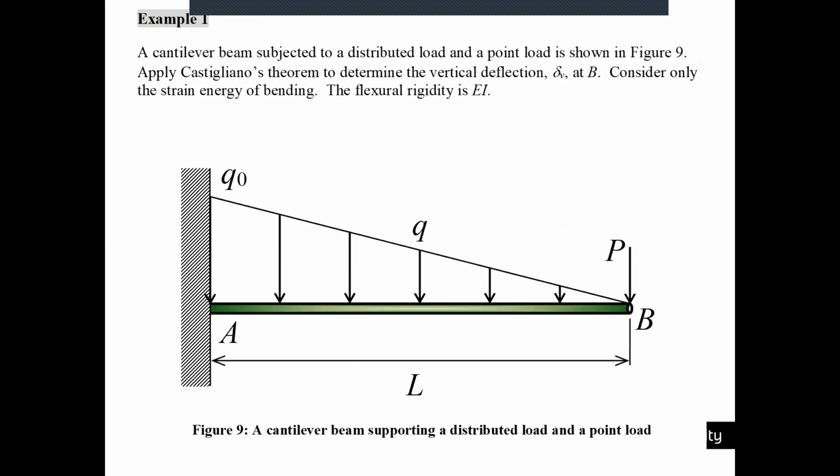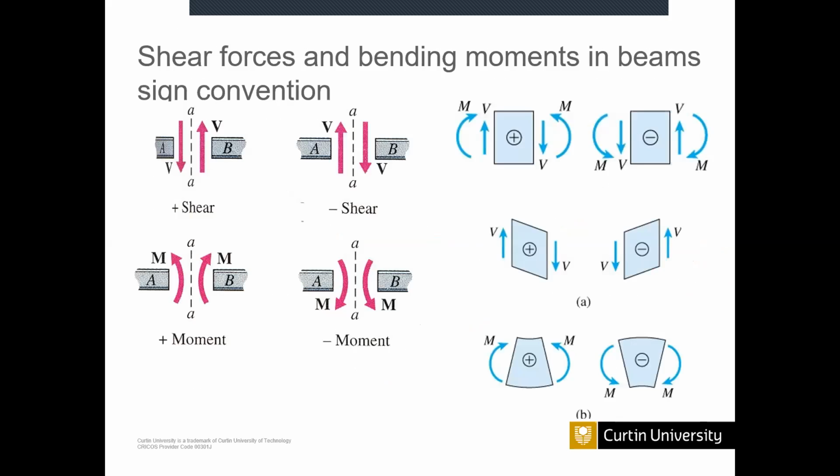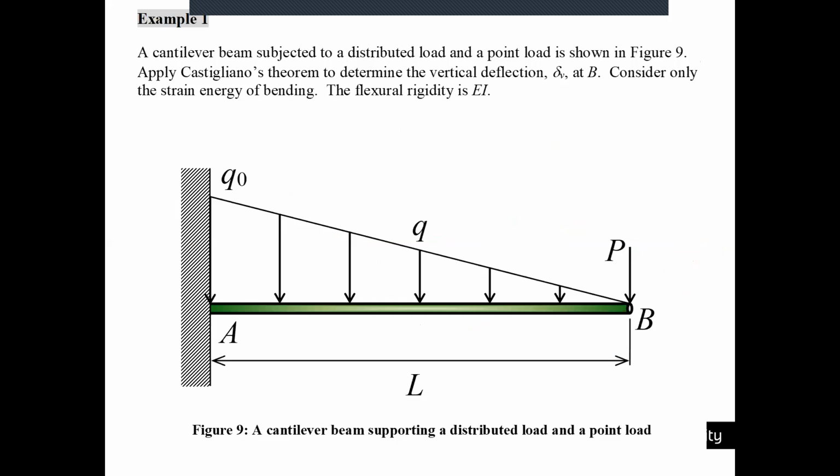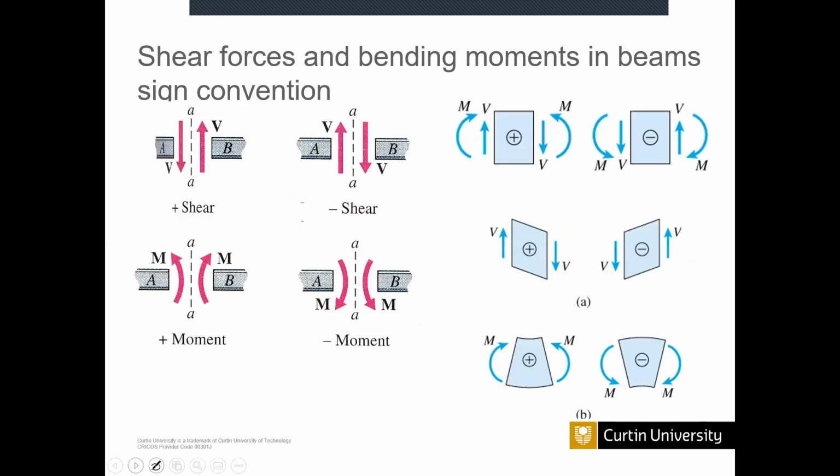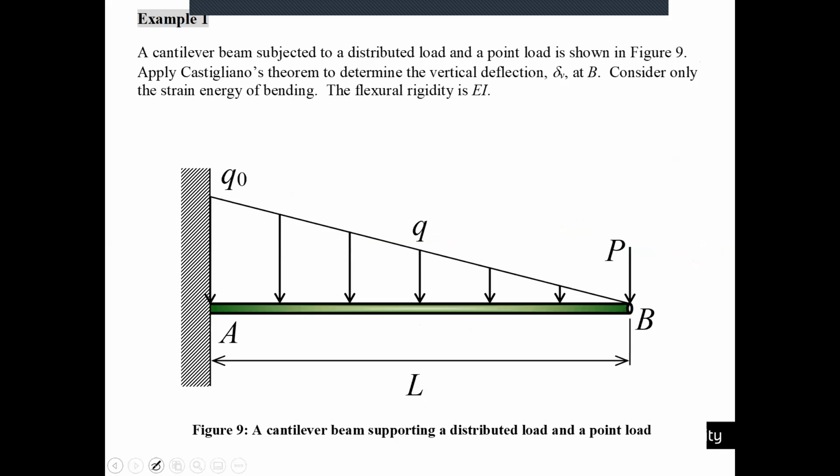Then this is the condition, but you need to know the sign convention. Normally we will not consider the whole beam. We will consider part of this beam and derive the equation for that part.